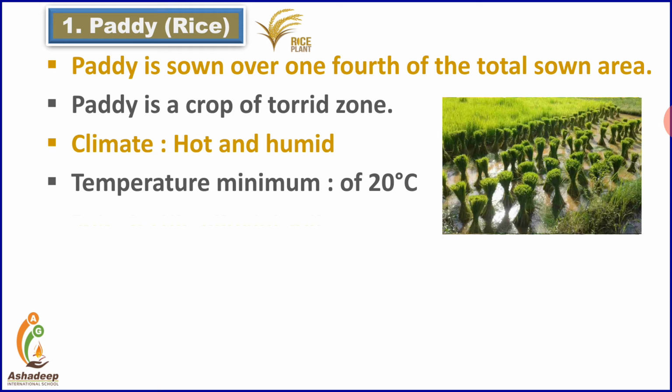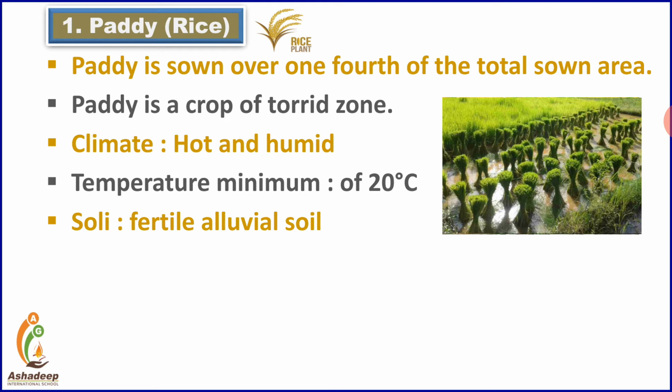Temperature minimum required is 20 degrees Celsius. It should not be very much more. A soil which is required to grow the paddy must be a good quality alluvial soil. In types of soil, we have learned in 9th standard that the alluvial soil is the best soil to grow and to do the agricultural activity.